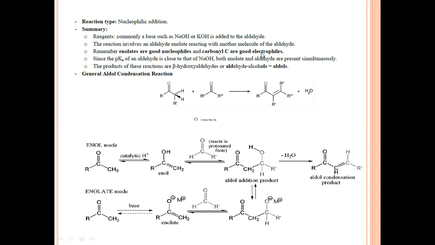Both of them combine and produce either beta hydroxyaldehyde or beta hydroxyketone. The pKa of an aldehyde is close to that of sodium hydroxide, so aldehydes give the product faster as compared to ketones.